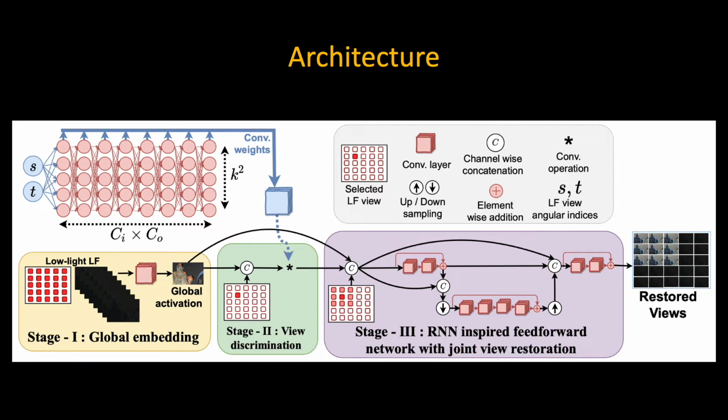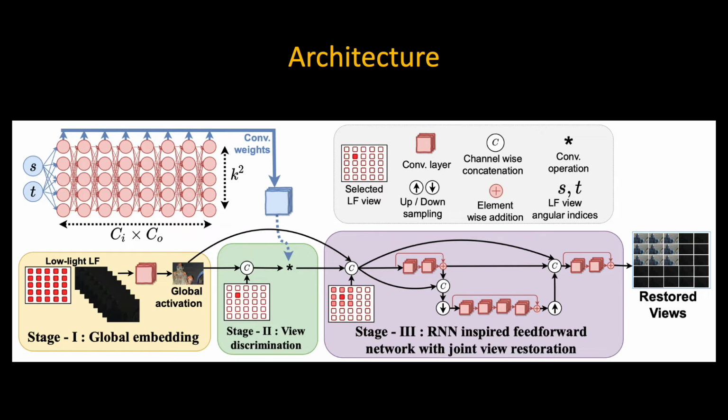Now our architecture is divided into three stages. In stage 1, all the light field views are depthwise concatenated to get a global activation. This global activation is very crucial in preserving the epipolar geometry across the views.